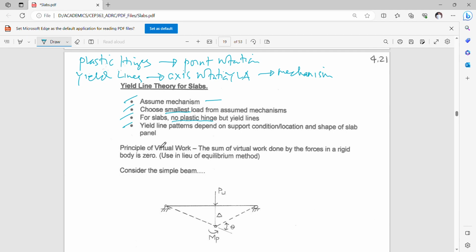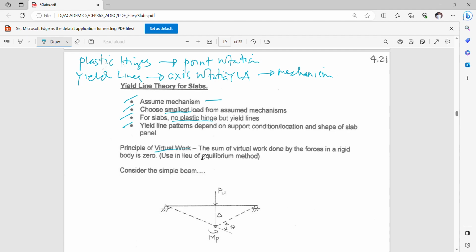Okay, so we actually discussed some fundamental principles a while ago. So how to go over the yield line analysis procedure is to apply the principle of virtual work, which states that the sum of the virtual work done by the forces in a rigid body is always equivalent to zero.